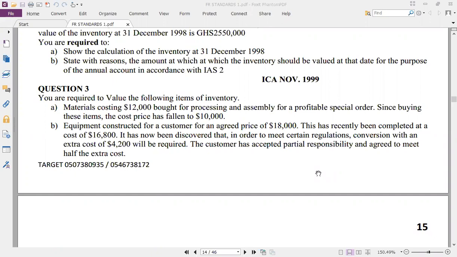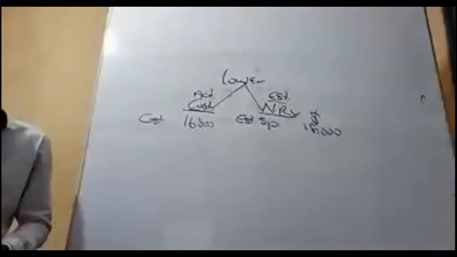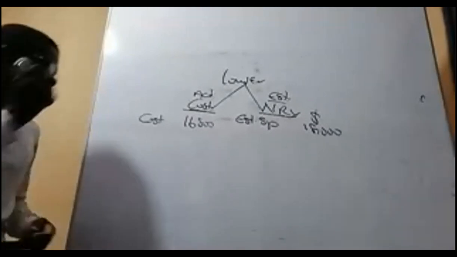The customer has accepted partial responsibility and agreed to meet half the extra costs. So if the customer will meet half, the company bears what? The remaining half. We are calculating for the company, not the customer. So it means that we pick 4,200. But before this 4,200, they mentioned conversion cost.